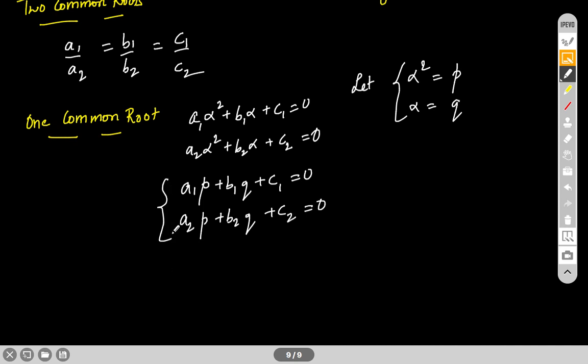This is like a simultaneous equation in P and Q. Can we solve it by using substitution, elimination, or the cross multiplication method?